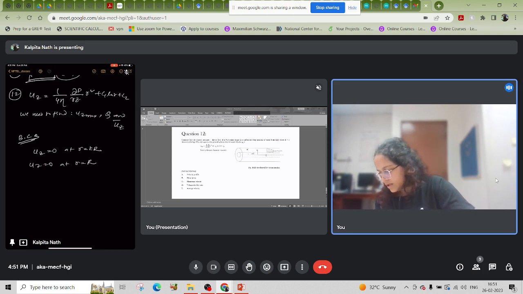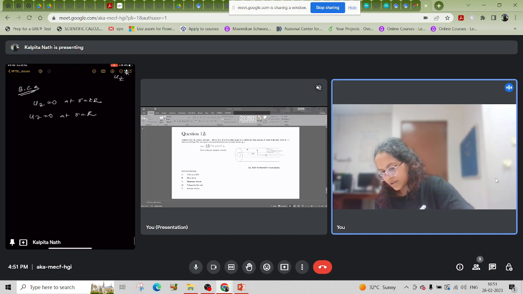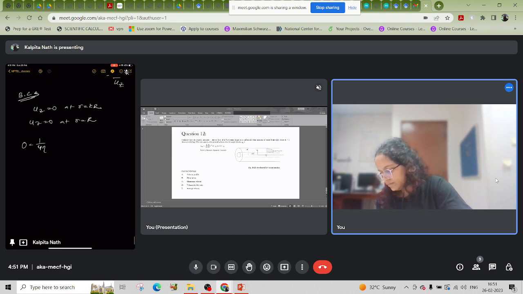Now putting the boundary conditions in the main equation, we get 0 is equal to 1 by 4 eta del p del z kappa square R square plus c1 ln kappa R plus c2. This is equation 1.